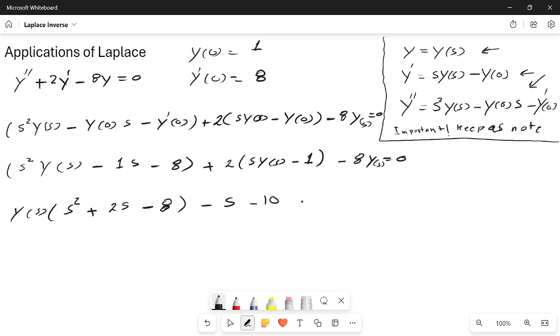So we have the following, and it is equal to 0, obviously.